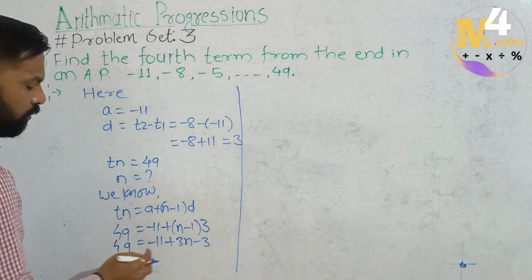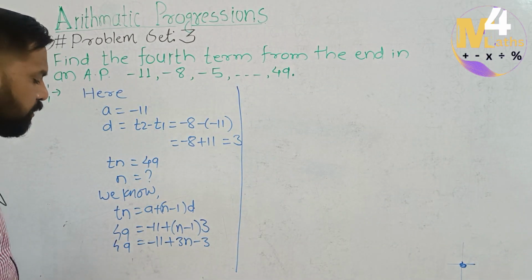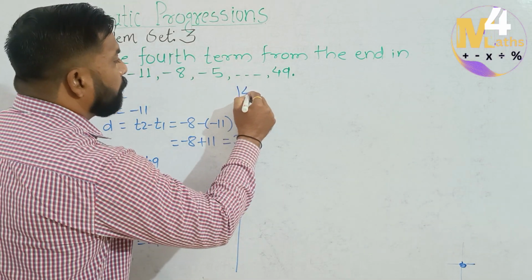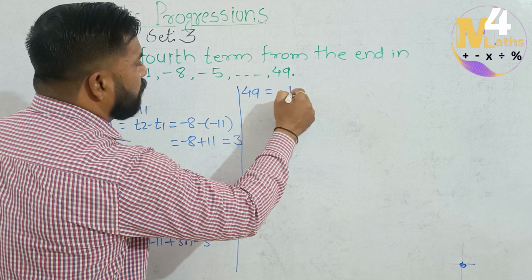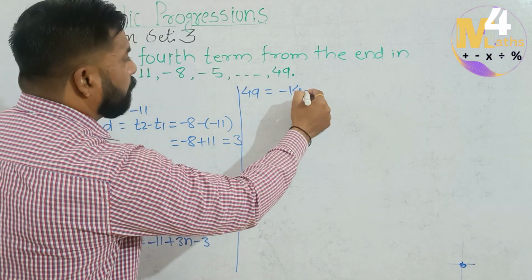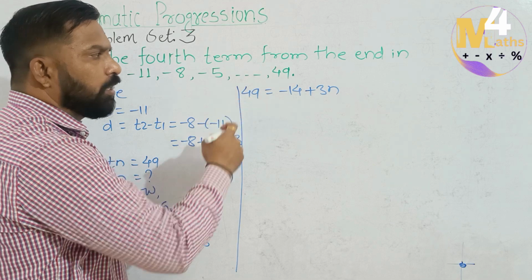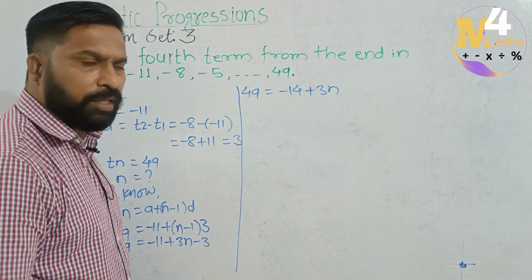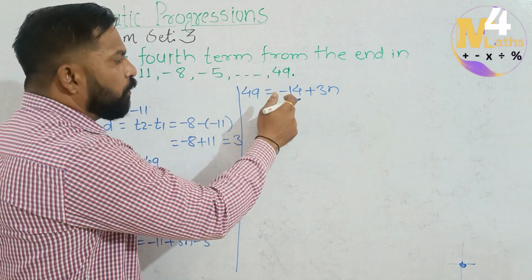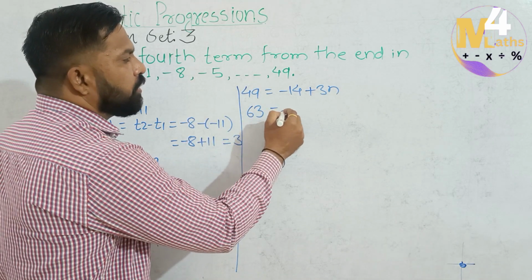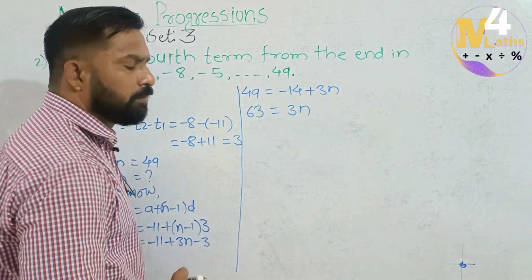Now look at the board. 49 is equal to minus 11 minus 3, which is minus 14, plus 3n. Minus 14 will go to the left and will be plus 14. 49 plus 14 is 63, which is equal to 3n.